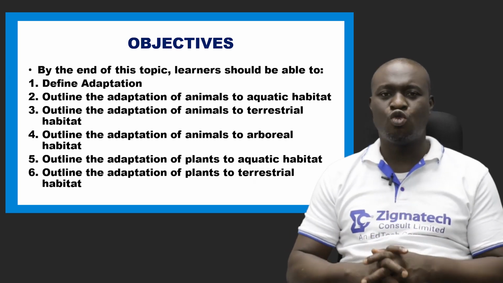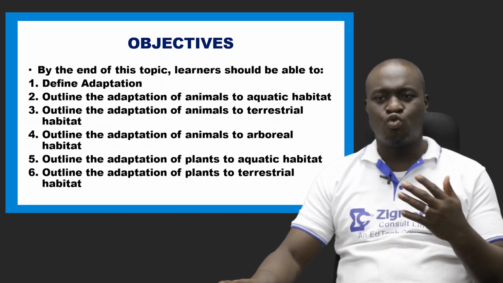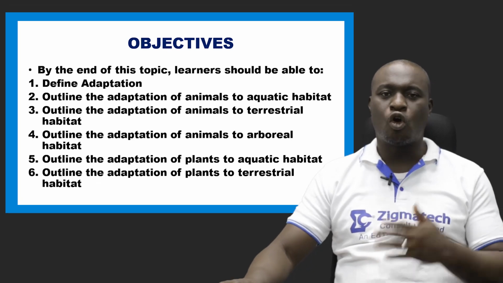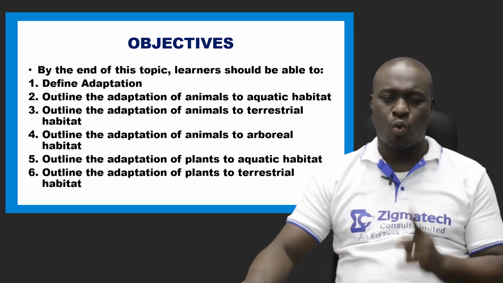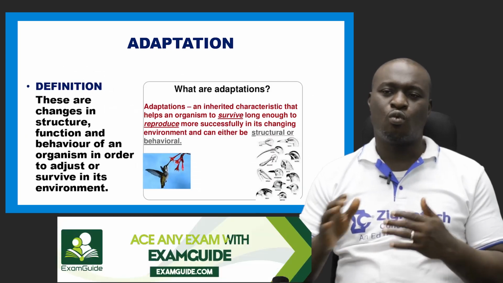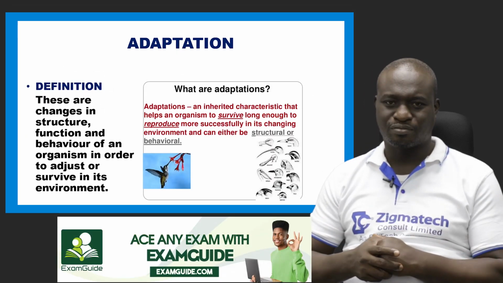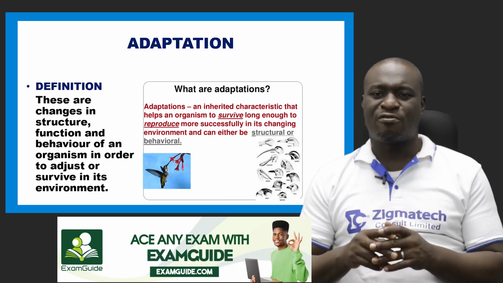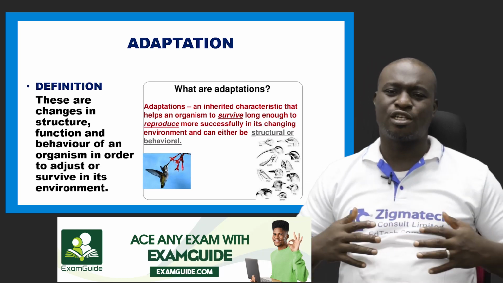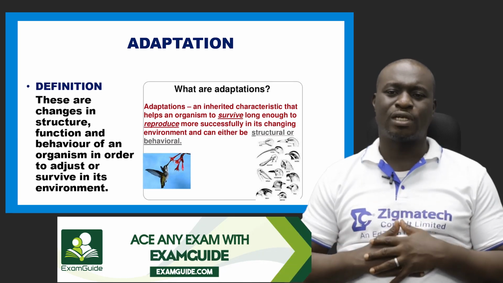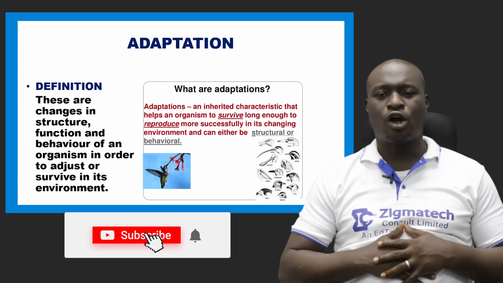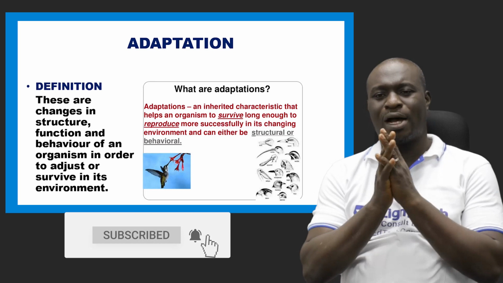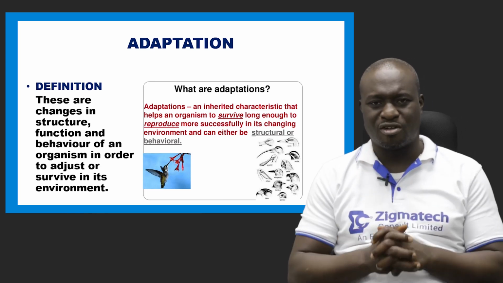Now, let's quickly look at one or two things relating to this topic, adaptation part one. What is adaptation? By definition, adaptation can be referred to as changes in the structure, function, and behavior of an organism in order to adjust or survive in its environment.